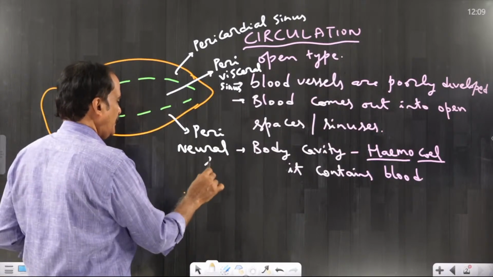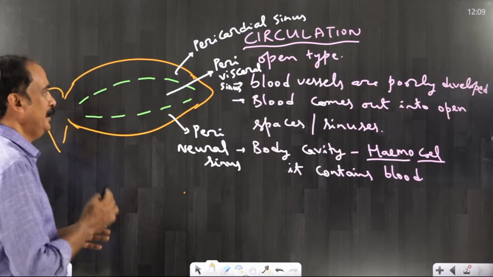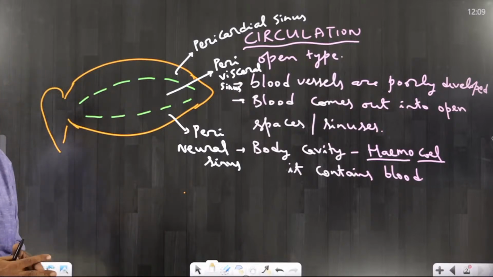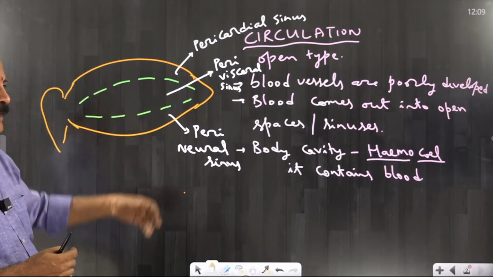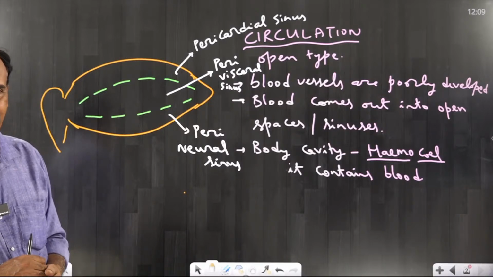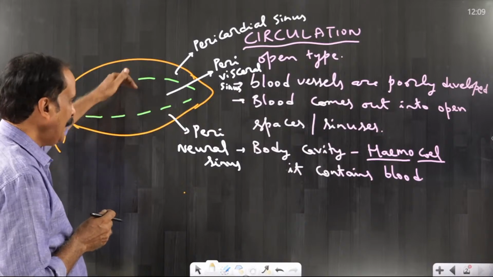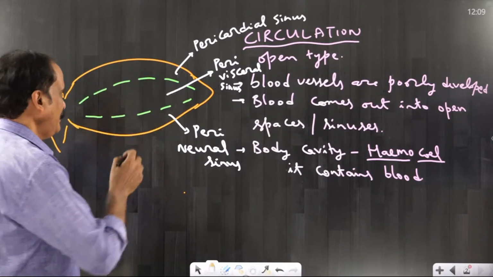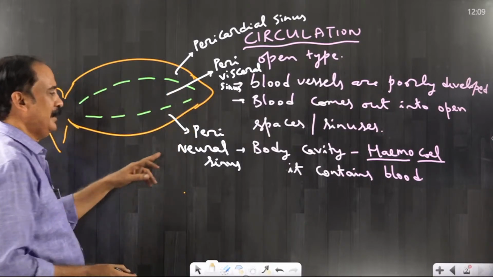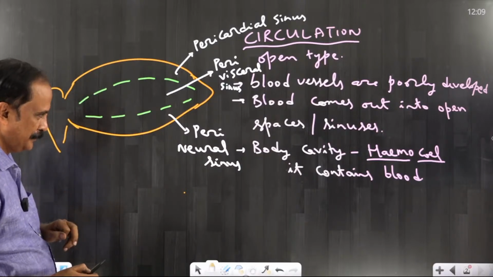Okay, so you may not have to remember all this. You should have an idea how the blood will be flowing in the animal. For that, this diagram will help you understand quite easily. So the body cavity is divided into these 3 sinuses called pericardial, perivisceral and perineural. The heart lies in the upper chamber.